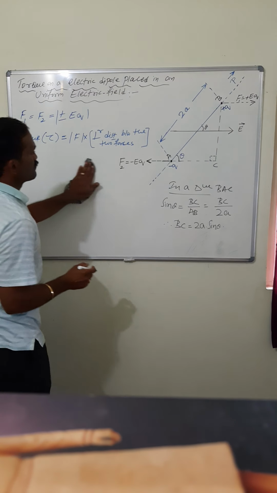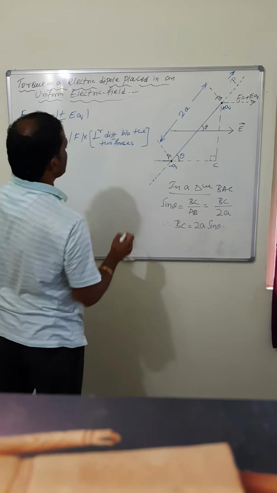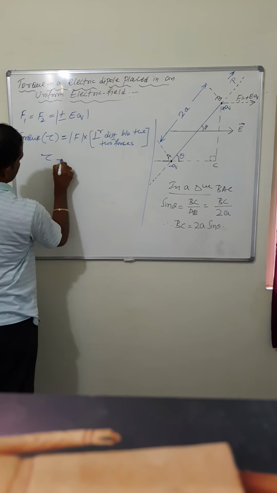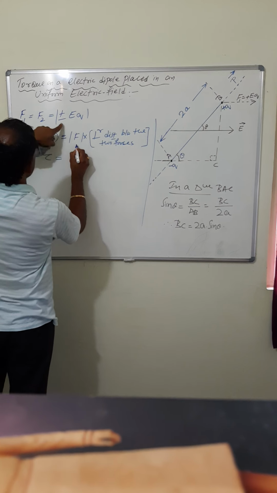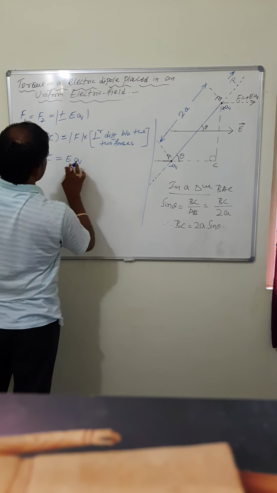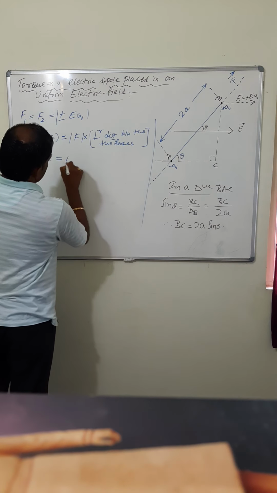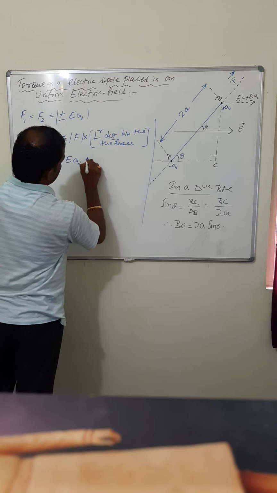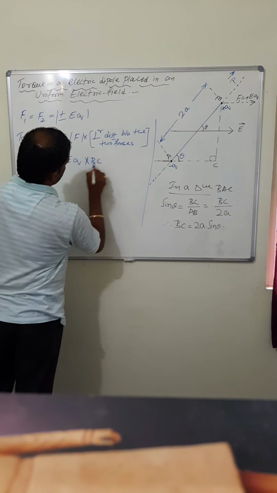Therefore, torque tau is equal to the modulus of plus or minus EQ, which is EQ only, into the perpendicular distance. The perpendicular distance is BC.